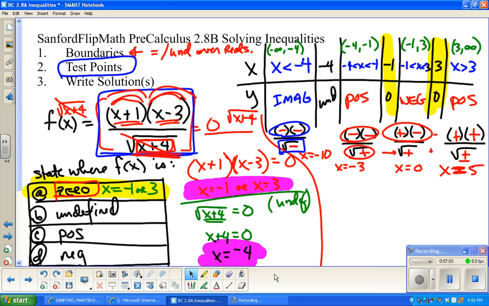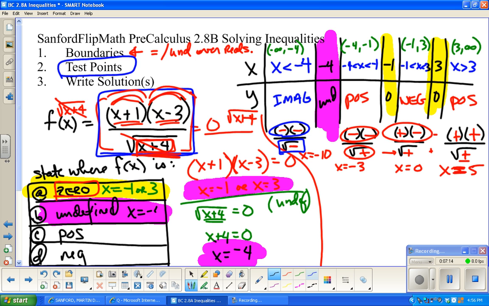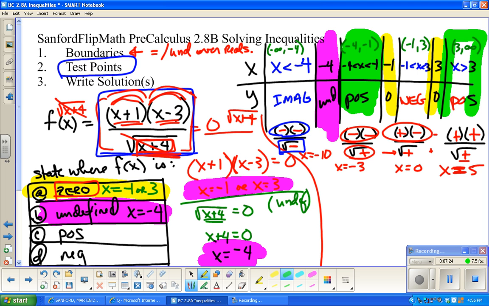Well, I only see one of those. It's right here. So x equals -4. Okay, positive. Well, that's here. And here.